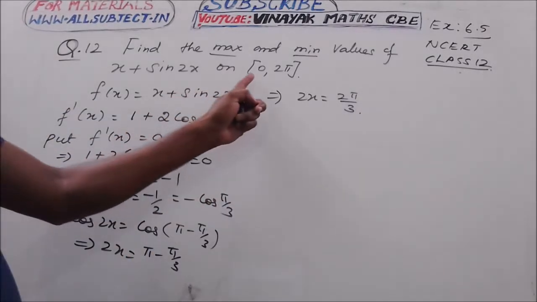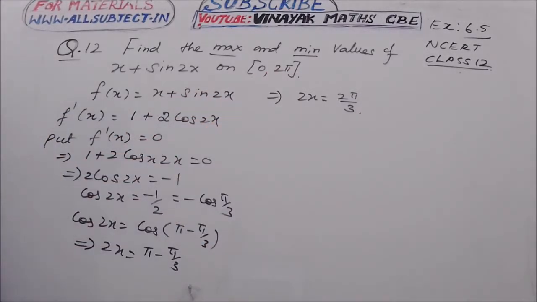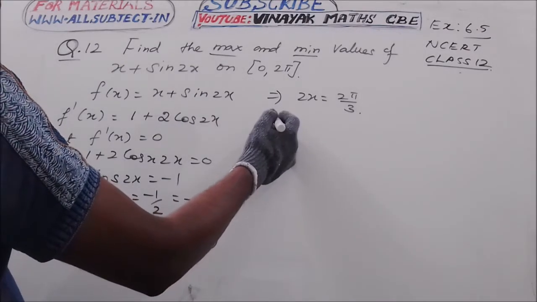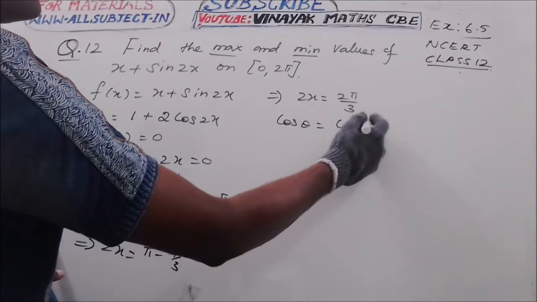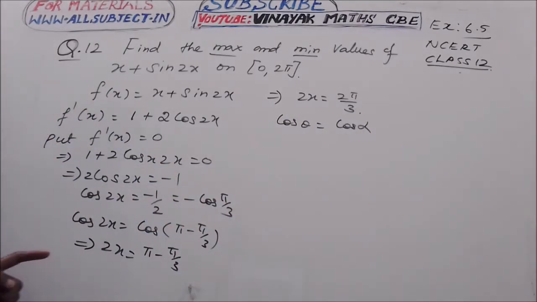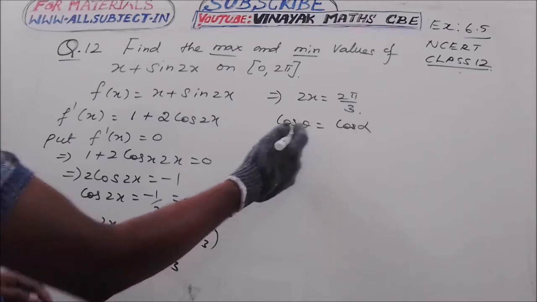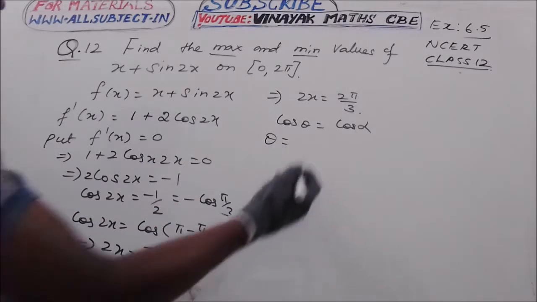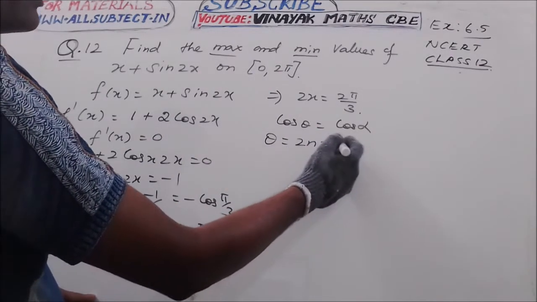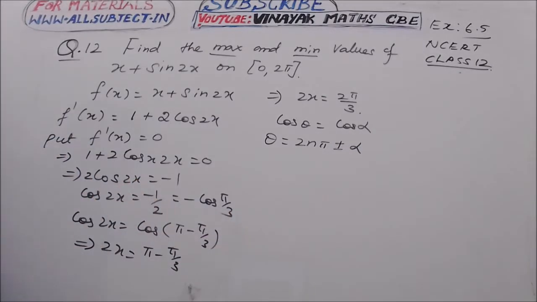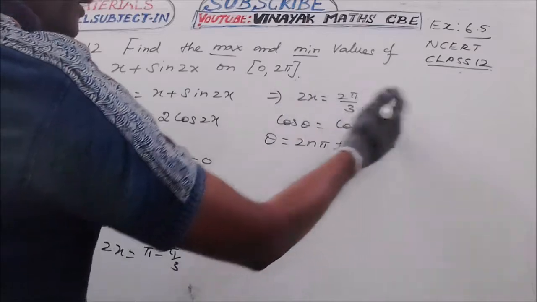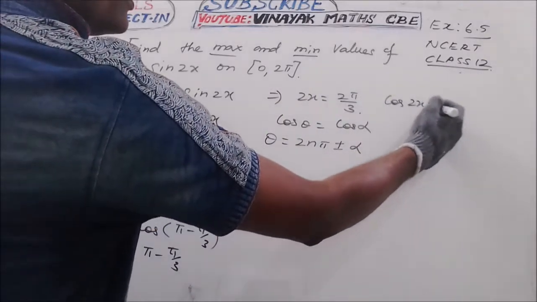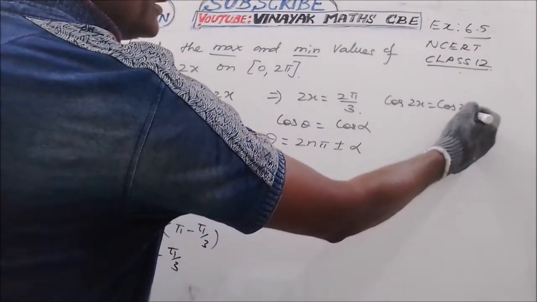Now we have an interval 0 to 2 pi, so calculating the general value: when cos theta equal to cos alpha, theta will be equal to 2n pi plus or minus alpha. Here cos 2x is equal to cos 2 pi by 3.